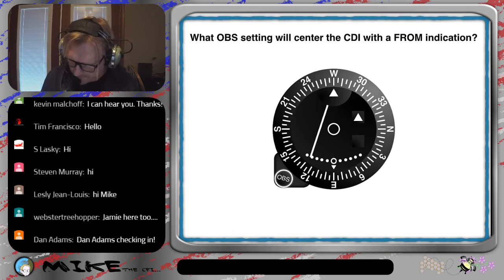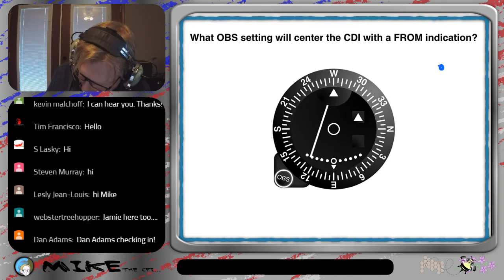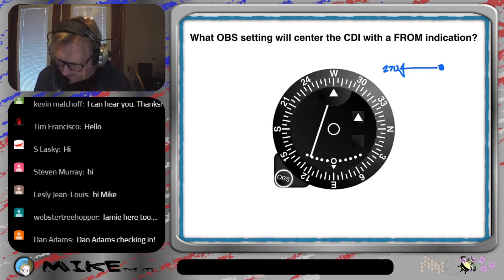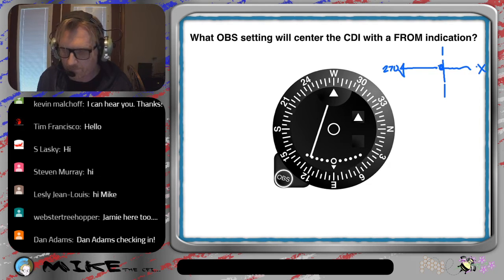So again, drawing that out, we draw our little VOR. We're tuned to 270. Oh, that's poorly drawn. Two seven zero. We're still going to the station, which means we're somewhere on this side.